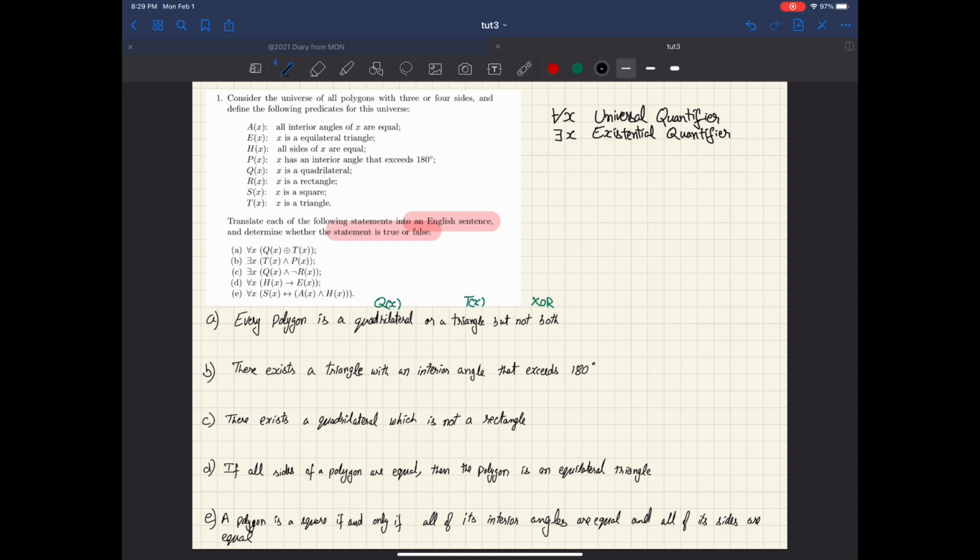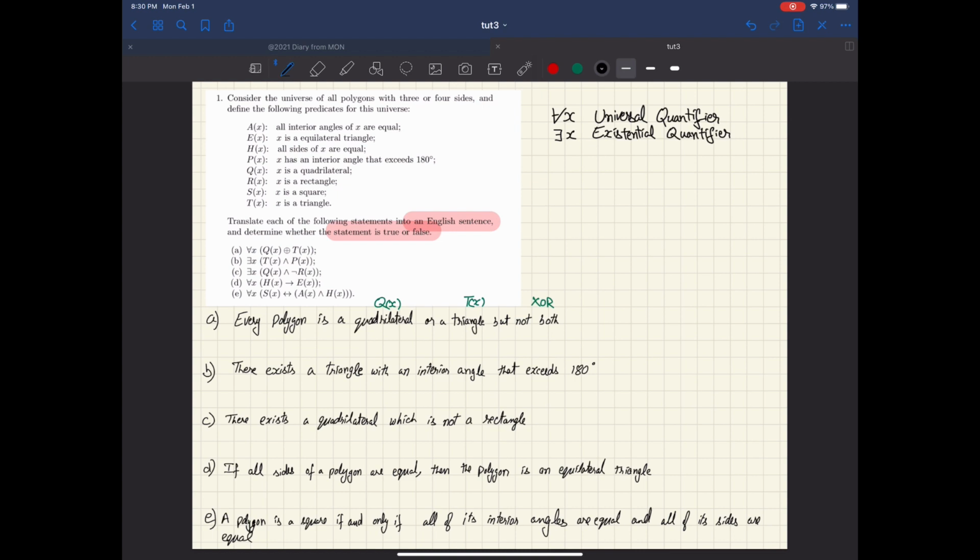A of x is the interior angles and H of x is the sides being equal. So these were all the 5 statements which are converted into English sentences. Now let's see whether they are true or false.